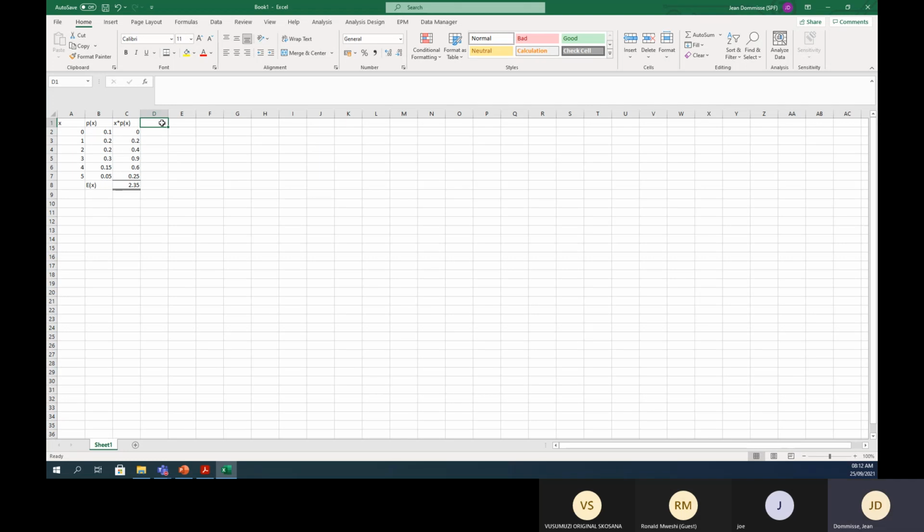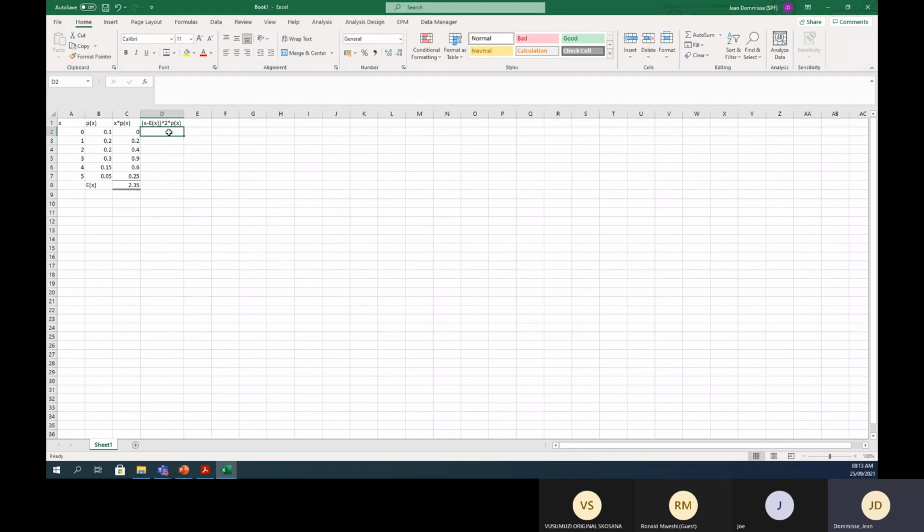So when we need to work out the variance, remember the formula was your x minus your mean, to the power of 2, and then we still need to multiply that by the probability. So I will just add all of that into the Excel.